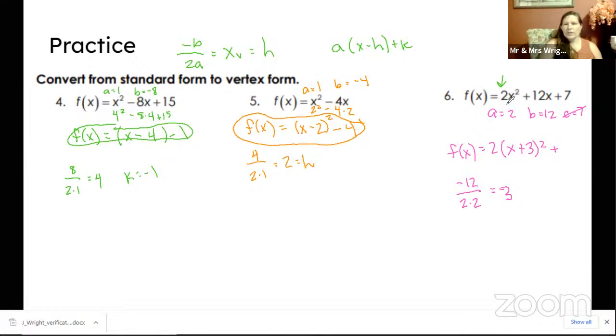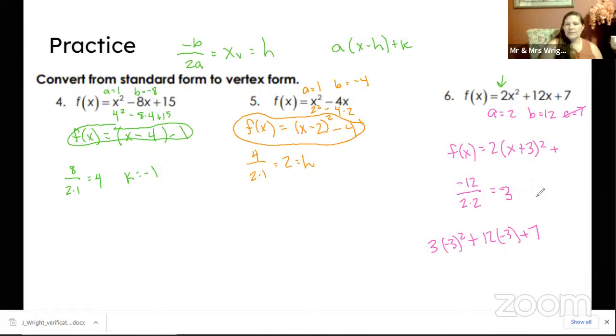All right, now we're going to plug this in. So we're going to have 2 times -3 squared plus 12 times -3 plus 7. Plug that into my calculator. 2 parentheses, -3, close parentheses, squared, plus 12, open parentheses, -3, close parentheses, plus 7, enter.